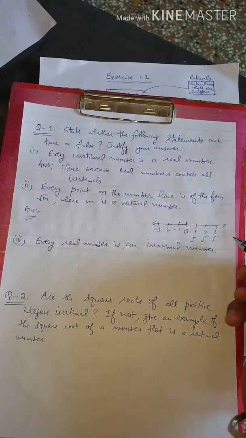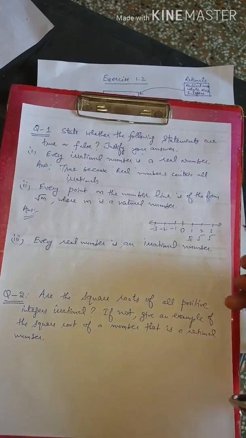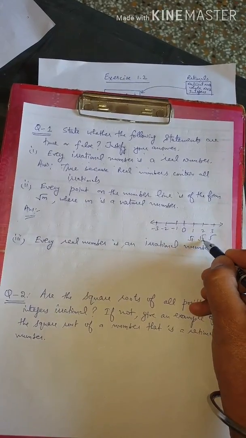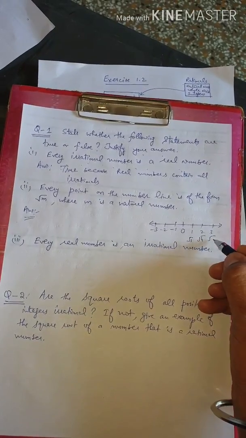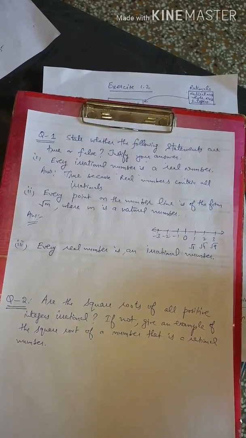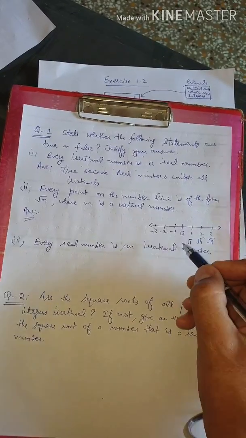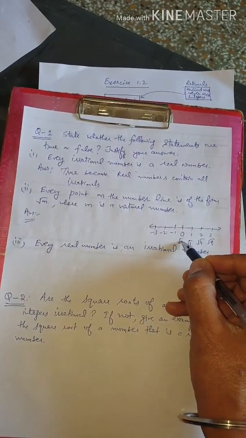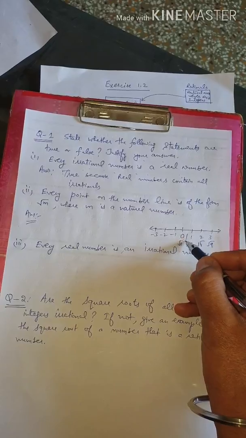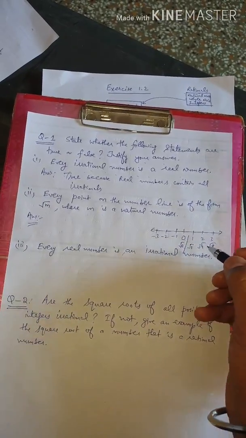Just try to think, whose square root gives 1? That is 1. Whose square root gives 2? That is 4. Whose square root gives 3? 9, and so on. You can go further. What about this 0? 0 is the square root of 0. But if we see, 0 is not a natural number.